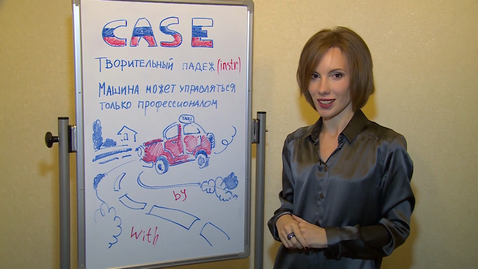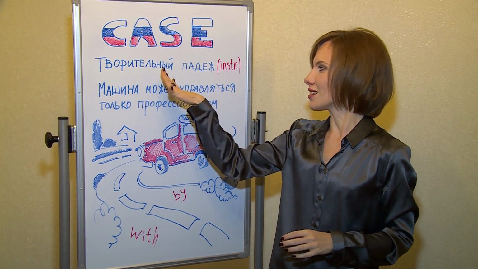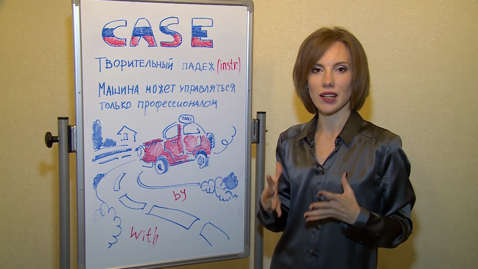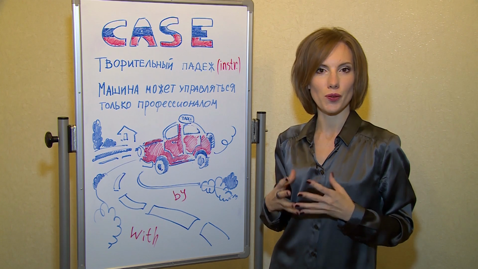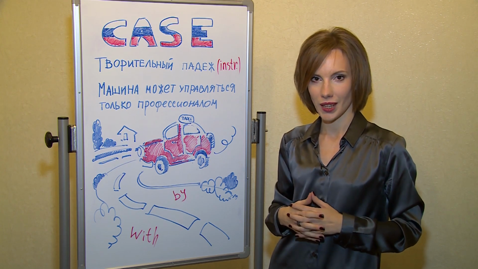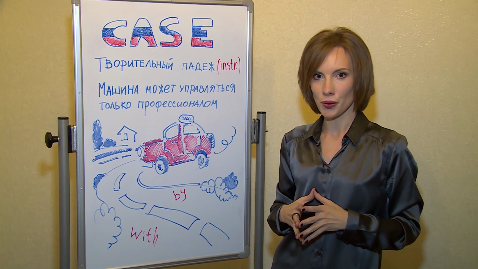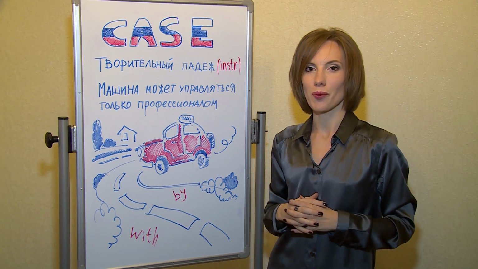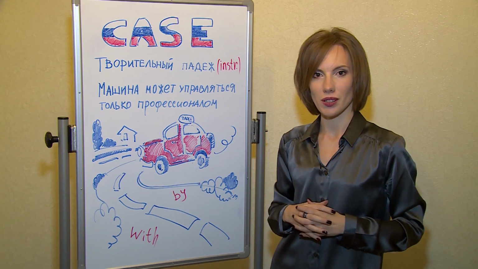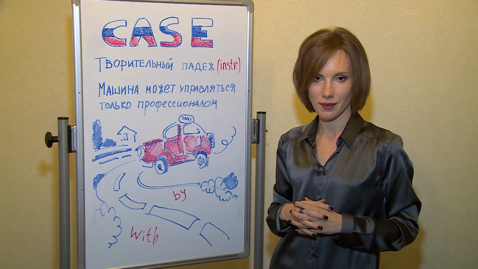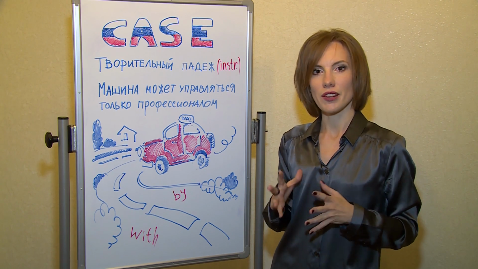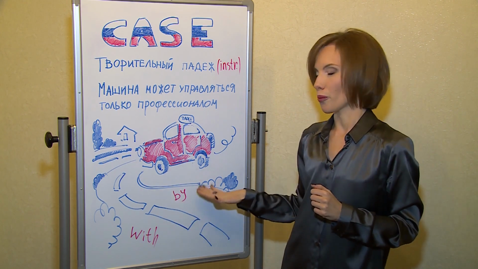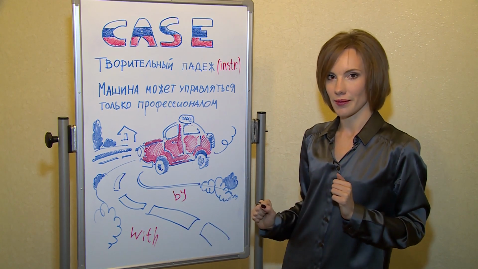The instrumental case, творительный падеж, is used to indicate an instrument that helps to perform an action. It might also be used to describe someone's job or in combination with certain prepositions. In English, this function is marked by the prepositions by and with.